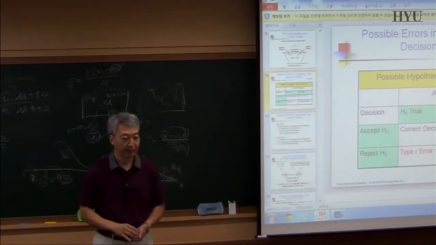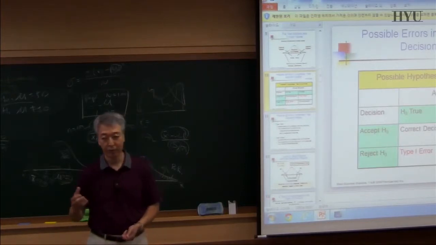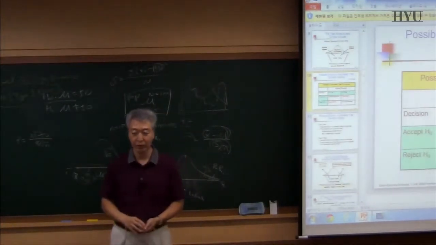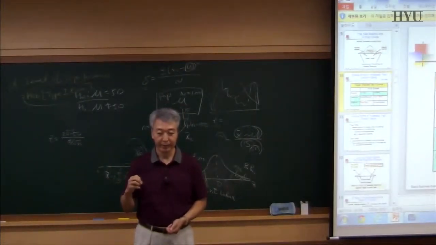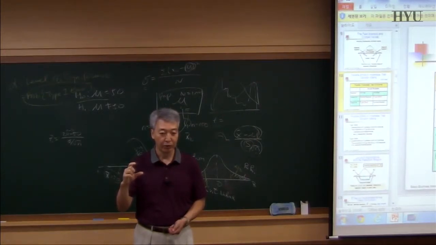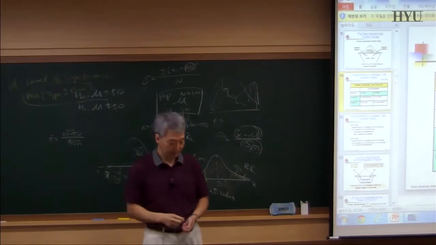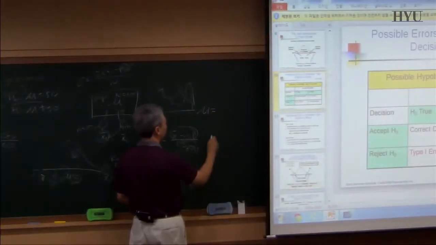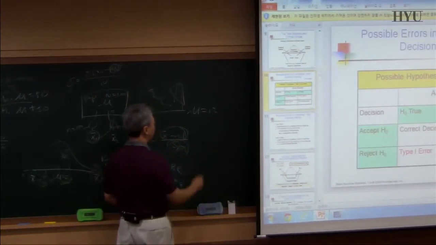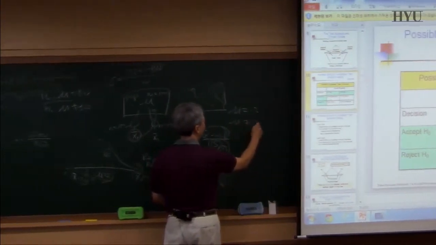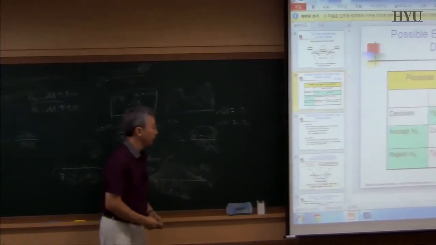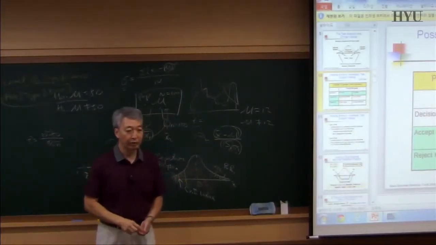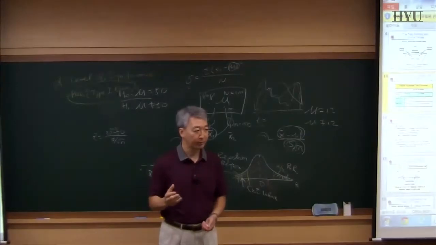So every hour or so, if you are a quality control manager, you should take some sample and actually measure the amount of liquid inside the bottle, to check whether the machine is working fine or not. So you set up the null hypothesis, mean is 12 ounces, versus mean is not 12 ounces. Either way, if it's too much or too little, that's a problem.